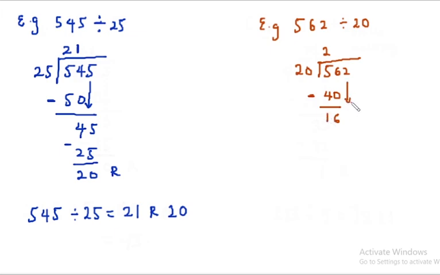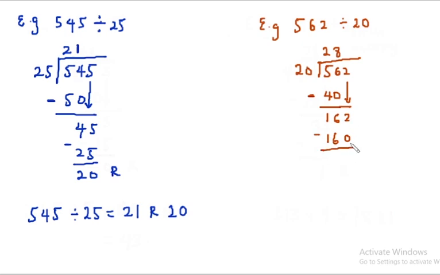Then we drop down this 2 here. 20 cannot enter 16. So we have to pick the three numbers. So how many times does 20 go into 162? Here 20 can go into 162 8 times. So 8 times 20 is 160. Then we subtract.